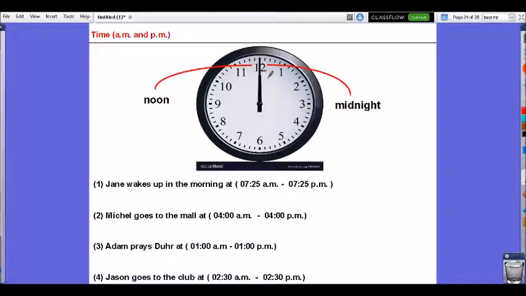So the day starts at 12 midnight, and this is what we call AM. The day starts when it's 12 AM, and 12 AM is 12 midnight. All right, and 12 noon is 12 PM.